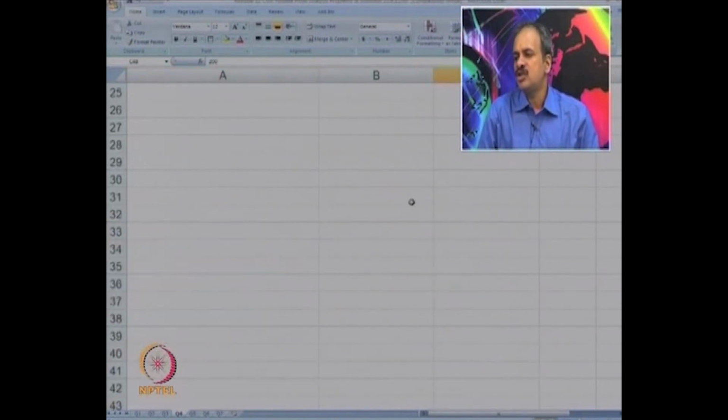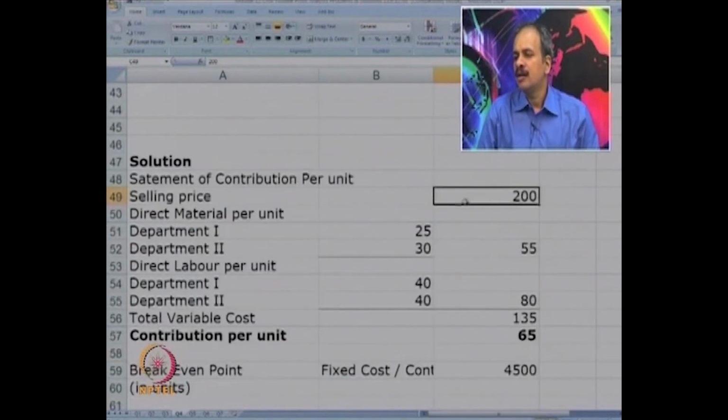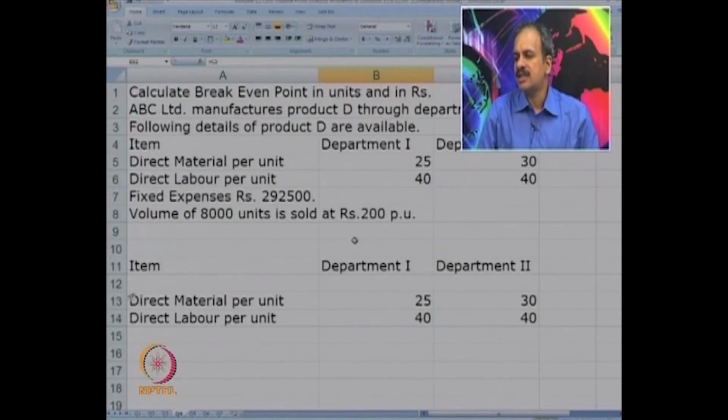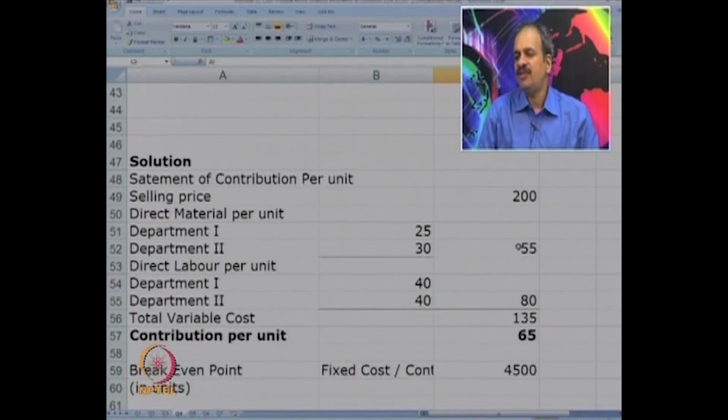Selling price you know is 200 as is given here. For D1 and D2, the total direct material cost, that is 25 plus 30 is 55. Labor cost is 40 plus 40, 80. So total variable is 55 and 80, 135. From 200 minus 135 we get contribution. You know now that contribution is sale minus variable cost.